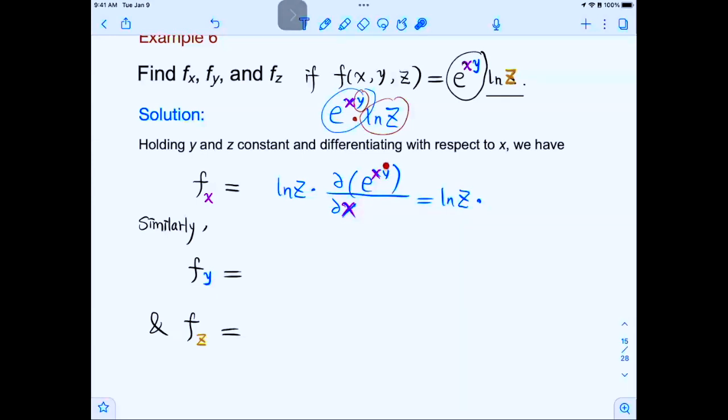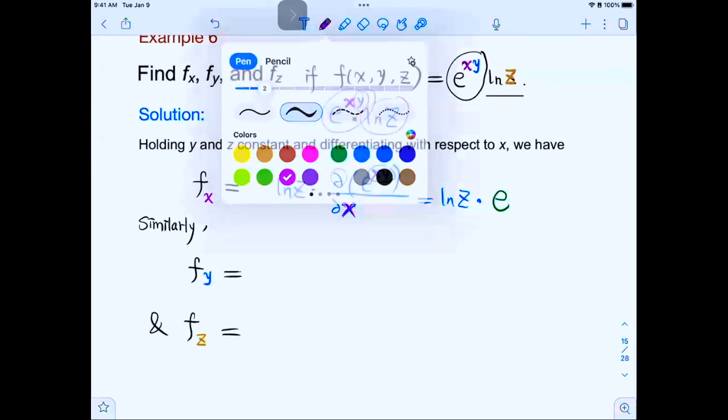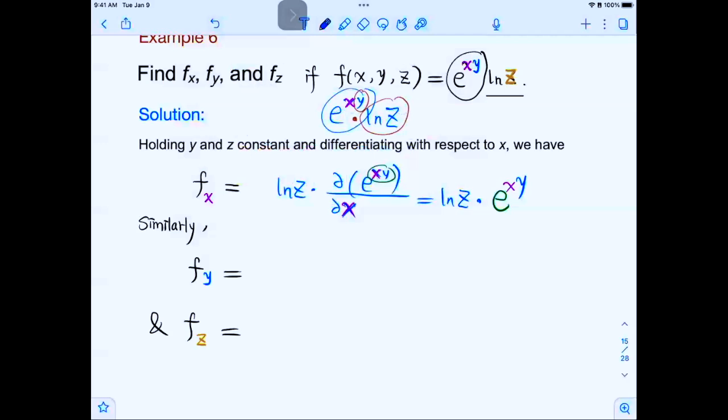Well, this is e to this function. Consider that as a function, say u, right? So the outer function is that exponential function with base e. So the derivative of that is what? It's that exponential function itself. So e to the xy. But by the chain rule, we have to multiply that by the derivative of this inner function. What's the derivative of this inner function, xy with respect to x?